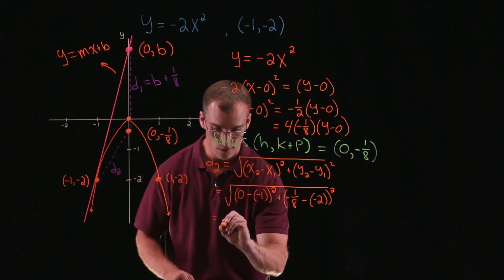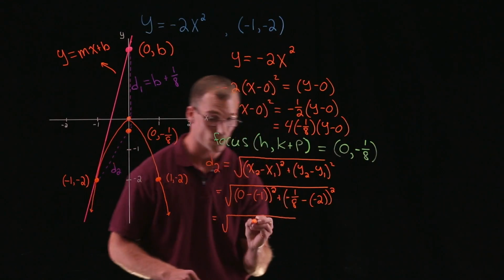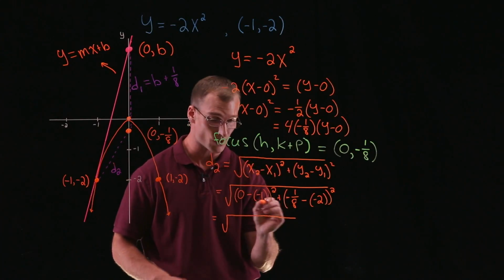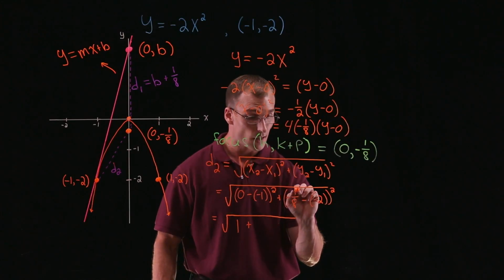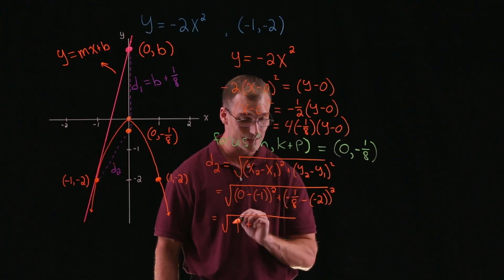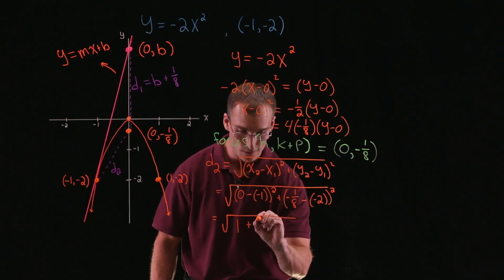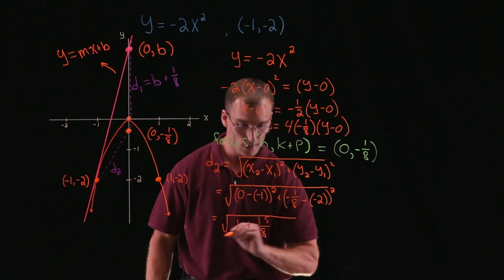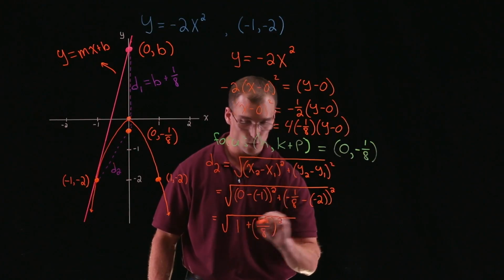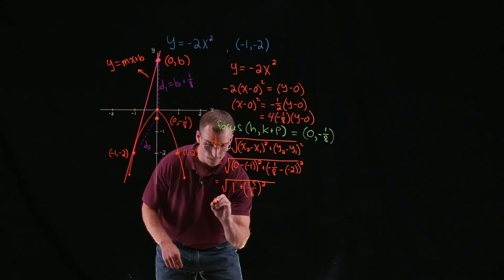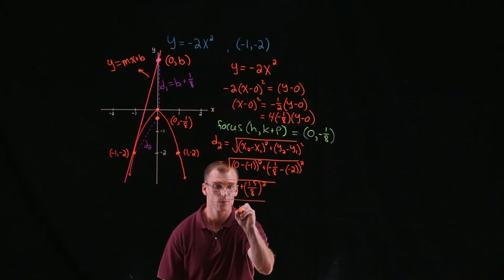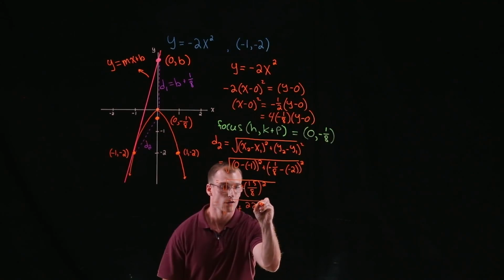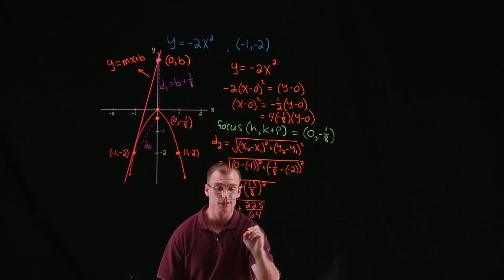Okay, and what do we have? All right, so we have minus -1, which is just 1 squared, so we have 1 plus, okay, so -1/8 plus 2, right? 2 is 16/8, so -1/8 plus 16/8 is, say, 15/8 quantity squared, which will be equal to the square root of 1 plus 225 over 64, and 1 is 64 over 64.